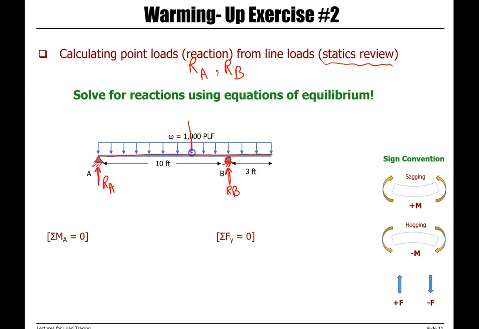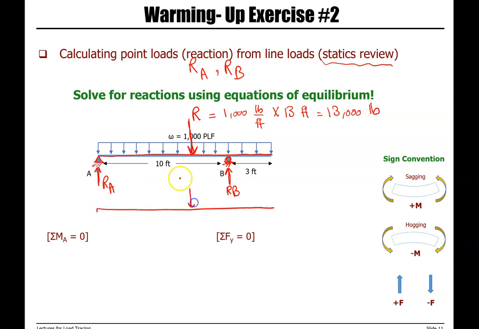So we need to calculate the resultant, which is 1,000 pounds per foot times 13 feet. So it's 13,000 pounds. So we have a beam. We have 13,000 pounds. We are trying to calculate these two reactions.